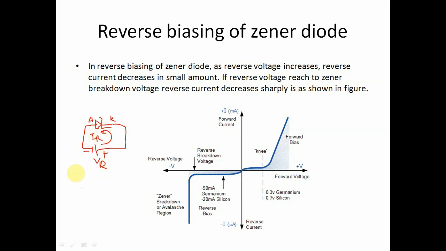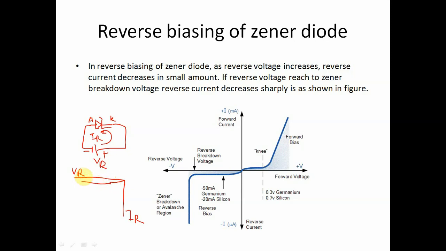The VI characteristics is the graphical representation with voltage on the x-axis. This one is the VR voltage and the current flowing through the circuitry is IR. Both are negative, so it is in the third quadrant. In this reverse VI characteristics of Zener diode, as the reverse voltage increases, the reverse current increases by a very small amount.